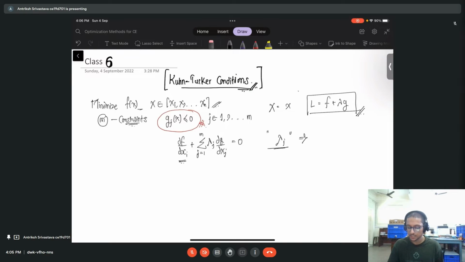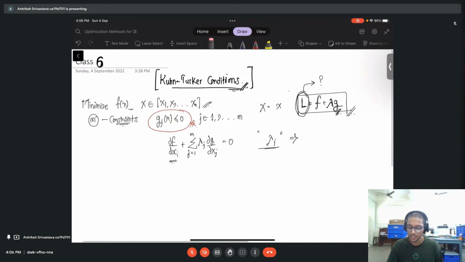Okay, so do you remember this thing? In equality constraints, when we had a constraint, we added those constraints by multiplying with a factor and made a new function. Yes, sir. So do you know the name of this new function that we made? So we called it the Lagrange function, right?